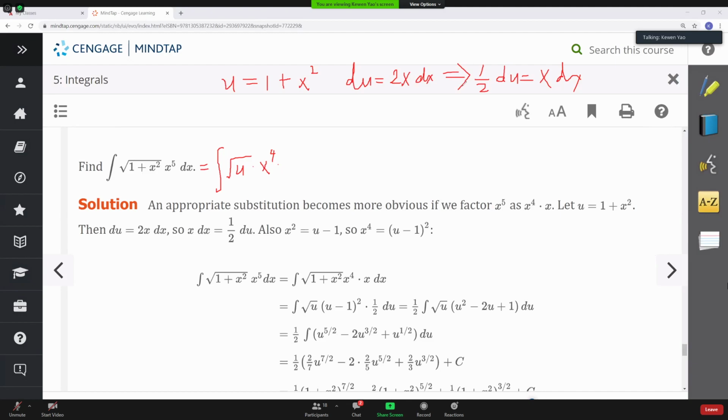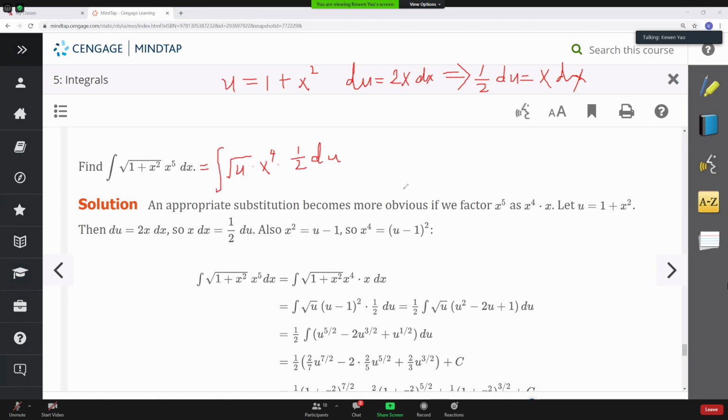This x dx is 1/2 du, right? So remember, I split x to the fifth into x to the fourth times x. So x dx has been absorbed into 1/2 du.